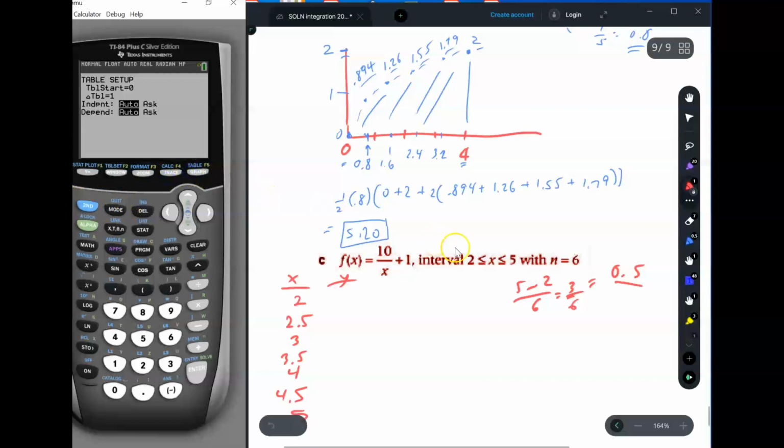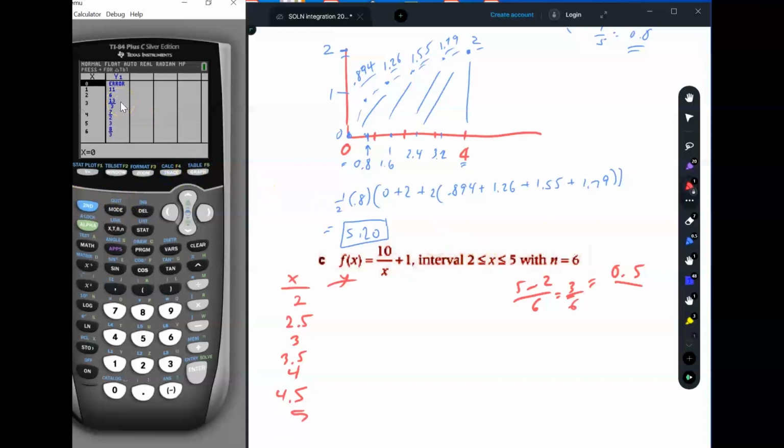And then what I'm going to do is I'm going to count by, one side effect of using the vertical fraction is that it puts everything in fractions, and we usually don't want that. So let me just change this to a decimal. The way I can do that is at the end of the expression, I'm going to convert it to a decimal. So I do math, and then I do arrow decimal, and then it'll change it into a decimal.